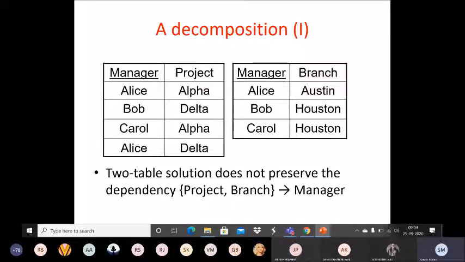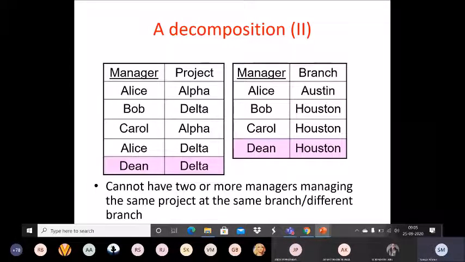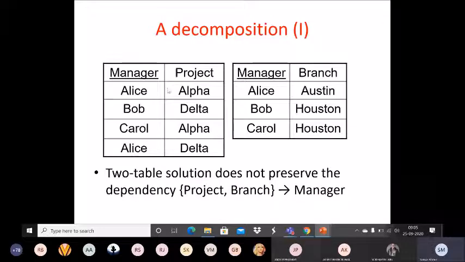So think about decomposition, and we have written 1. This is your first kind of solution. You have made this type of decomposition: manager, project and manager, branch. Manager names are given here: Alice Alpha, Bob Delta, Carla Alpha, Alice Delta.